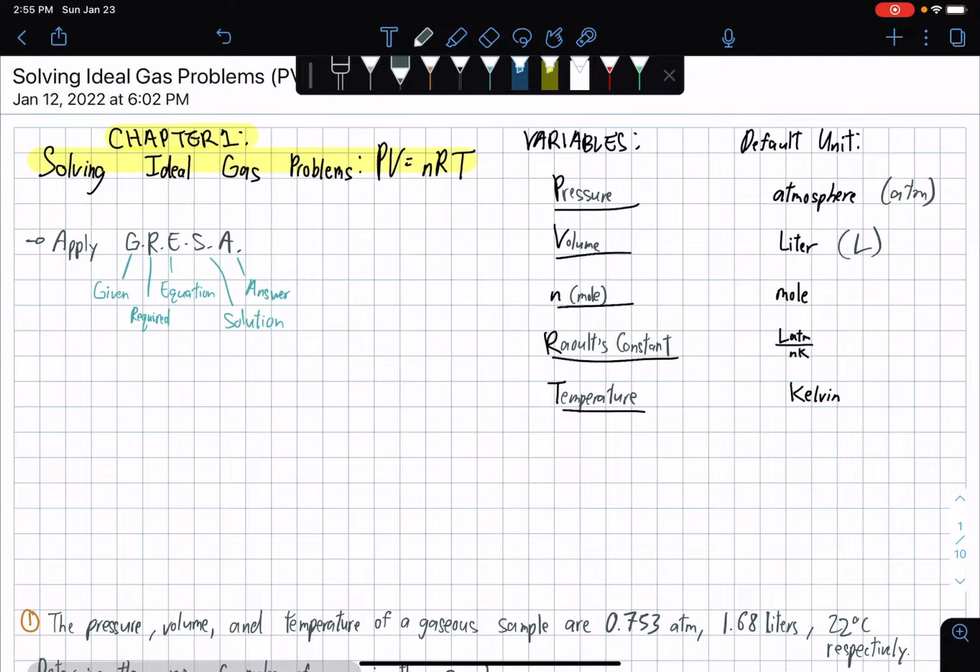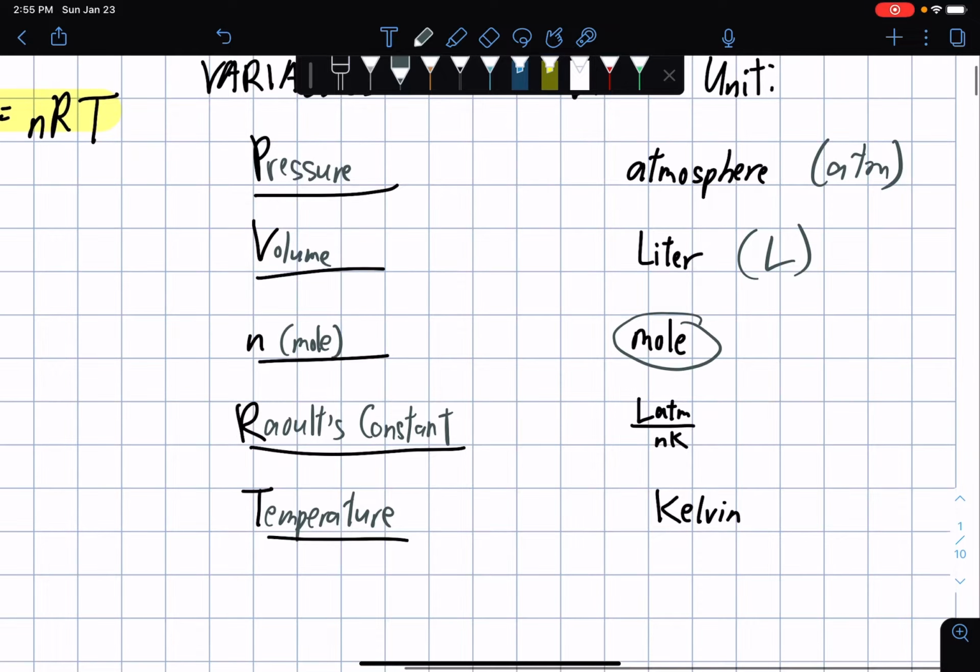For mole, it's still mole. I'm not sure about the abbreviation for this, but it looks like it's basic, so you just write mole anyways. For the gas constant, the default unit would be L·atm over mol·K. Liter times atmosphere, altogether divided by the mole times Kelvin. And Kelvin is the default unit for temperature.